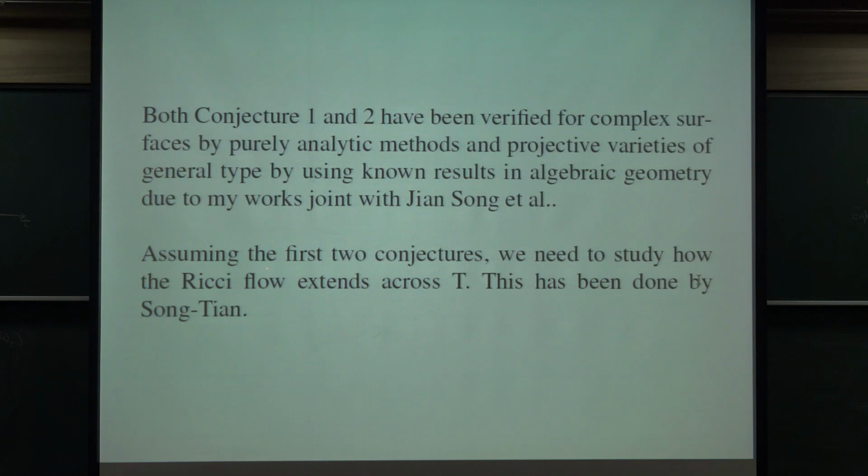And assuming the first two conjectures, we need to study how Ricci flow extends across T, and this has been done. So once you have the existence of this, you know how to continue the flow. And this time is actually better than the three-dimensional case. We know the flow after surgery is uniquely determined by the flow before the surgery. So this has some advantage.